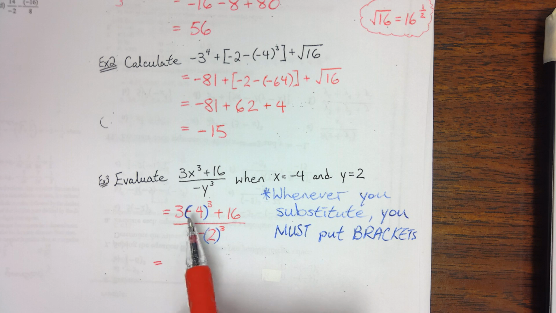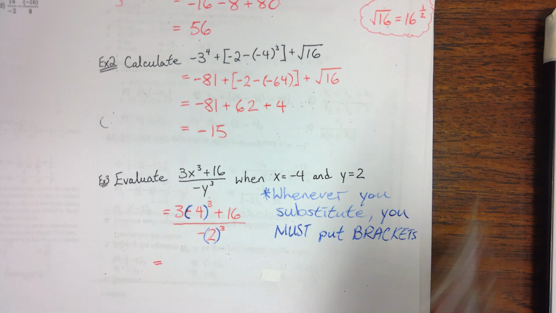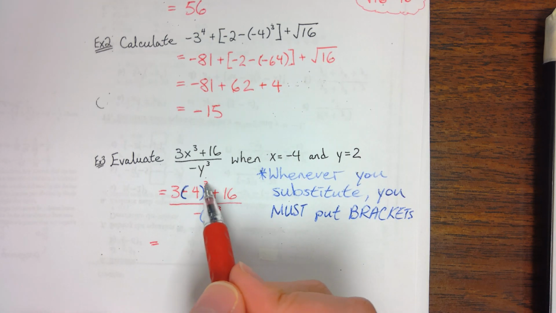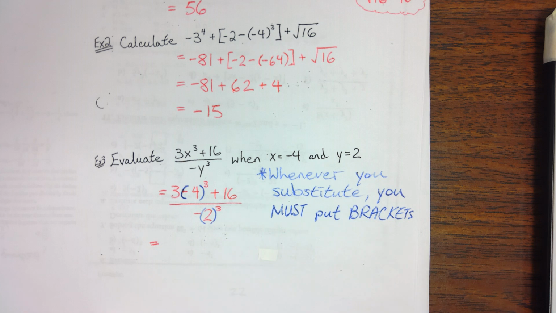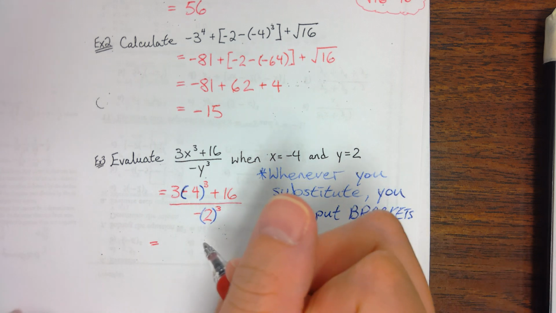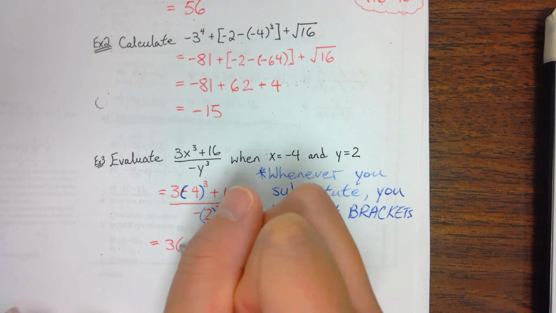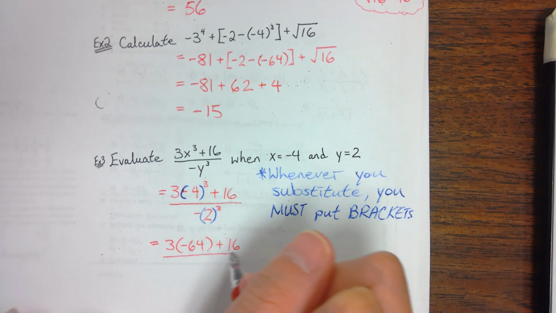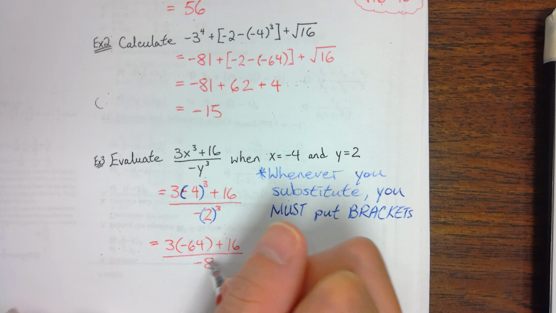So many people did -12 and then did the exponent. So remember Bedmas. You guys were practicing all this Bedmas since grade 6. So -4 times -4 times -4 gives you -64. So 3 times -64 plus 16 over -8.